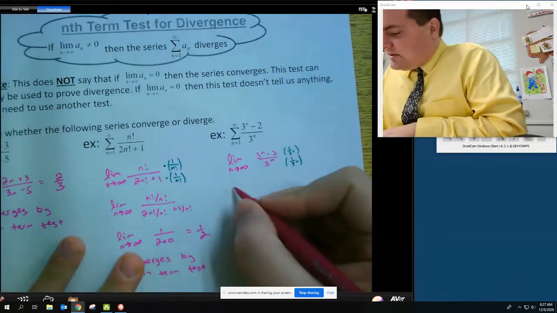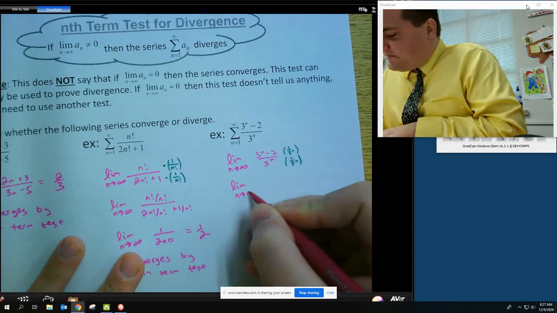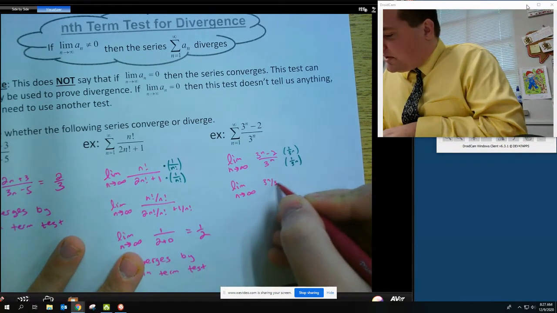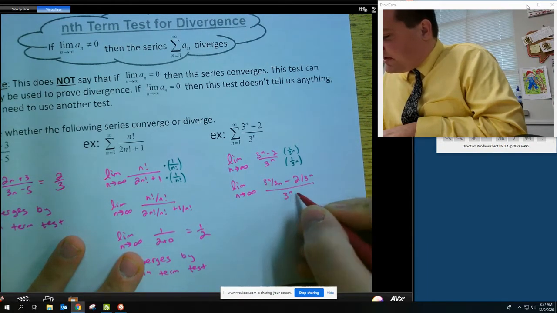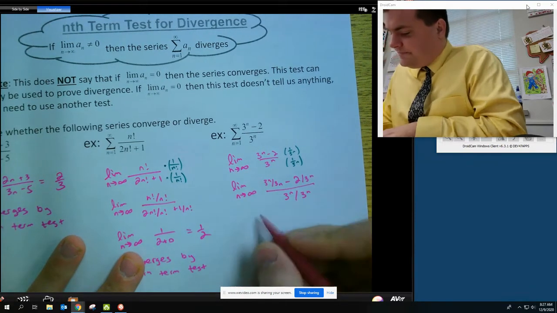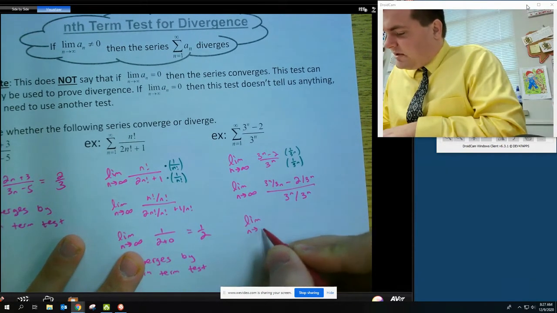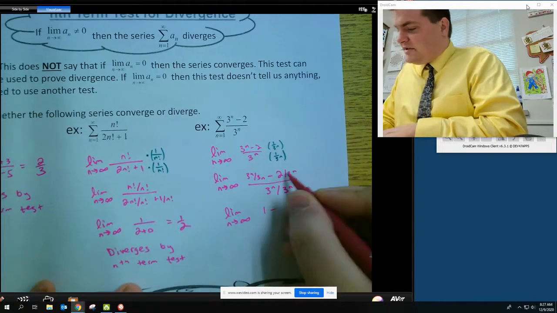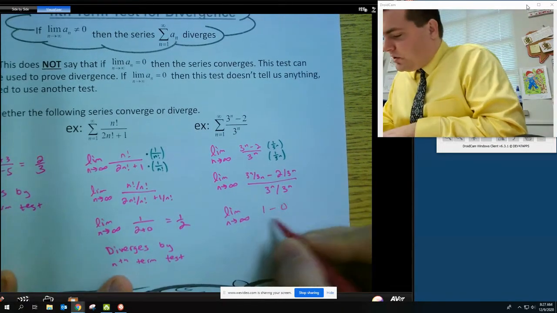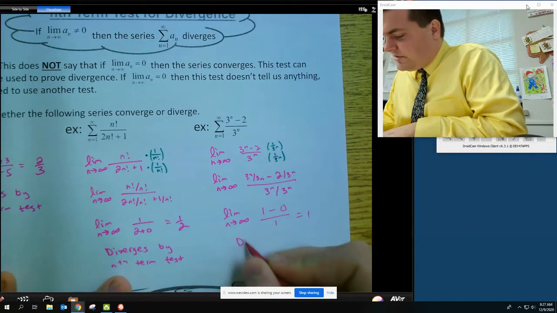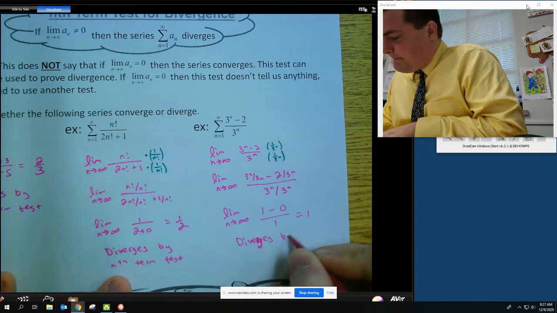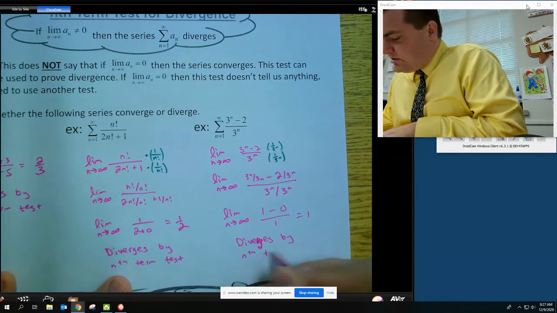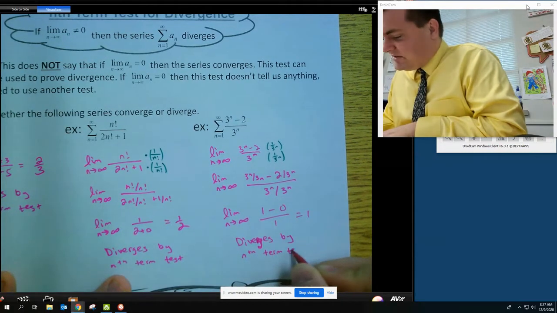I'm going to end up getting the limit as n approaches infinity of 3 to the n over 3 to the n minus 2 over 3 to the n, all over 3 to the n divided by 3 to the n. So this gives me 1 minus 0, because 3 to the n grows faster, all over 1, which is 1. Therefore, this is going to diverge by the nth term test.